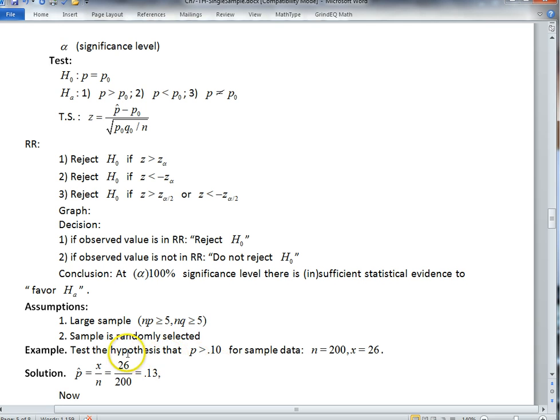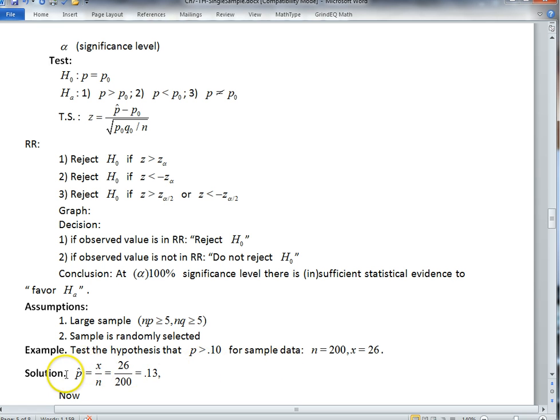So here's an example. Say we want to test the hypothesis that p is more than 0.1 or 10% for the sample data when n is 200 and x is 26. So suppose this is like testing the favorable rating for, say, brand A of coffee, and we picked a sample of 200 and 26 indicated preference, and we are interested to know whether P is more than 10%, because that would be helpful for our marketing campaign maybe.